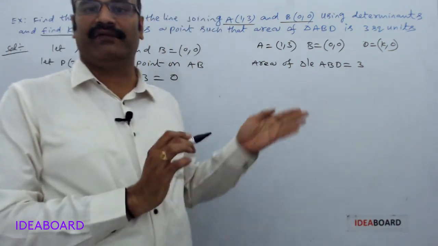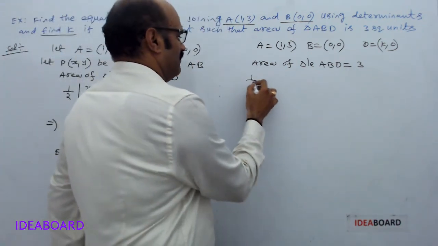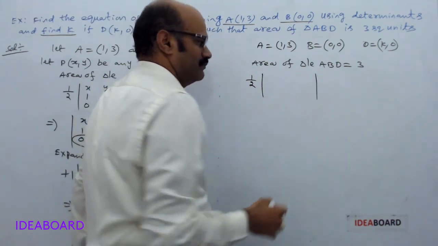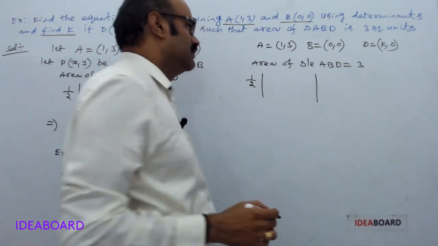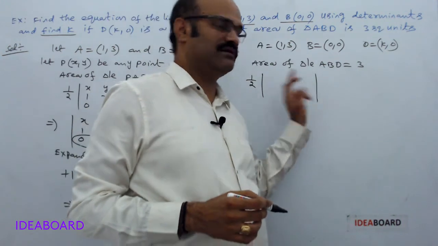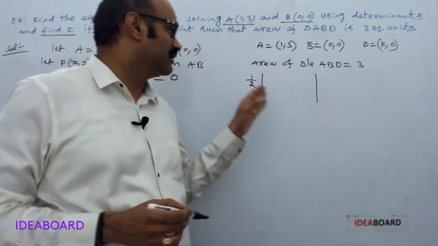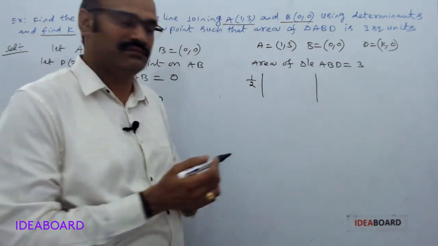We know the area of triangle formula is half into determinant of x1 y1 1, x2 y2 1, x3 y3 1.